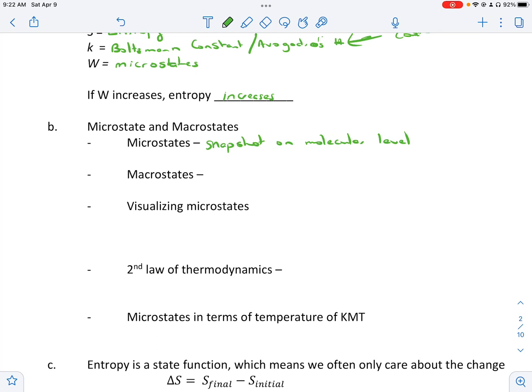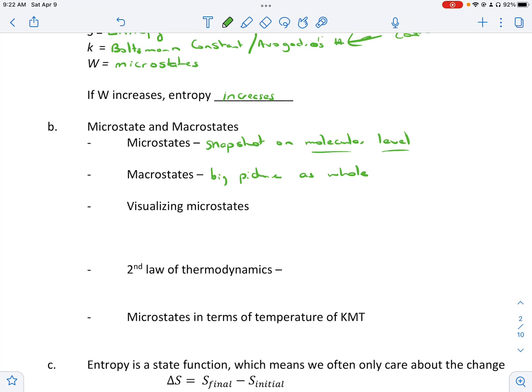Macrostates is kind of looking at the whole picture, looking at the big picture, all right, as a whole, right? Thinking of it as a whole instead of the molecular level. All right. We kind of talked about how to visualize microstates. If we could just take a little camera each time a particle moved, we're talking about a particle.